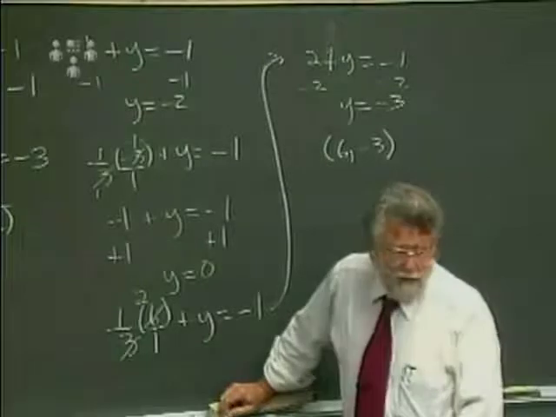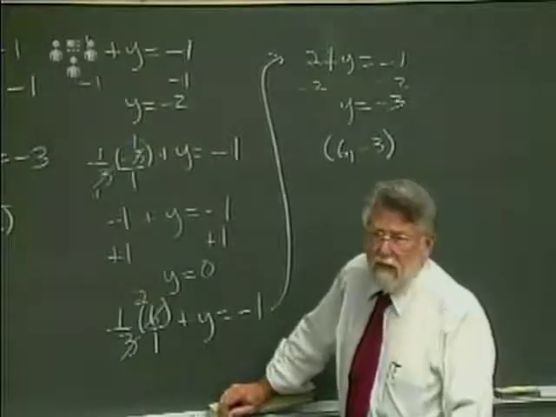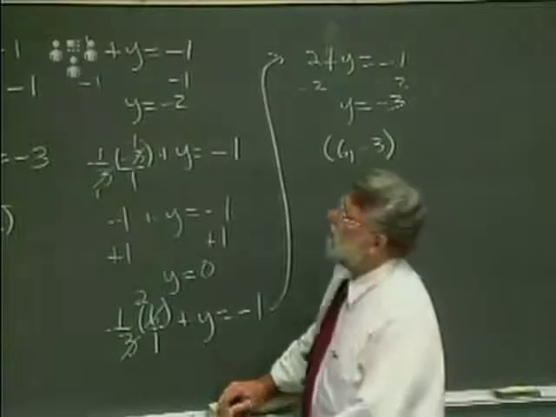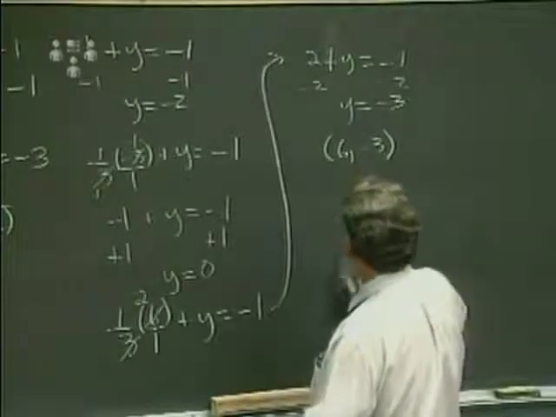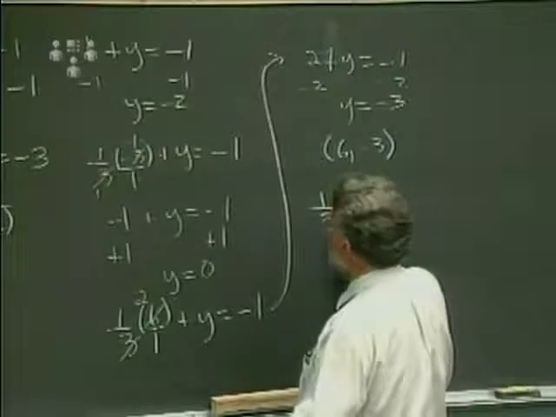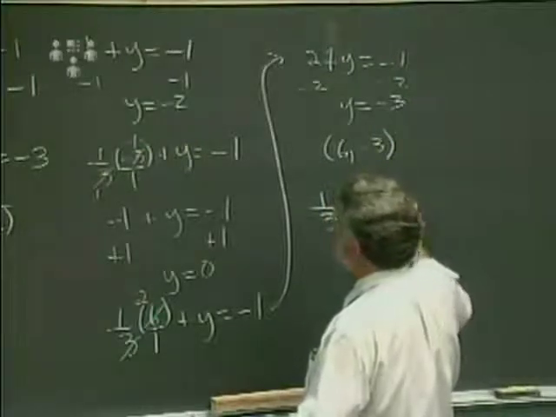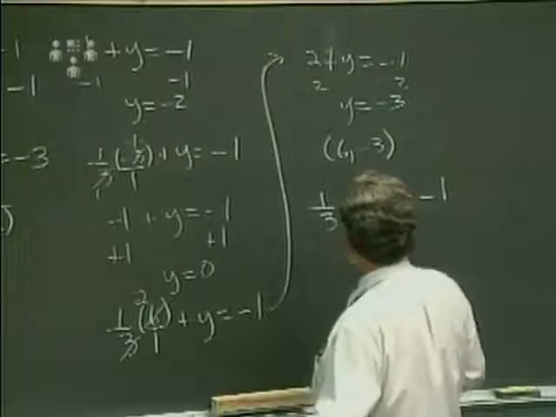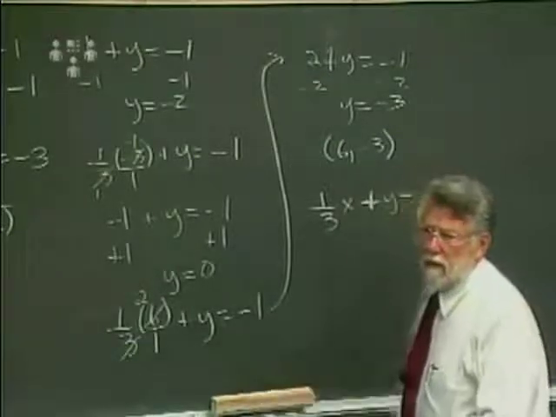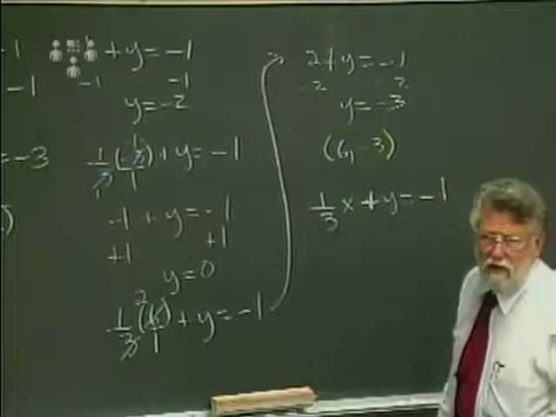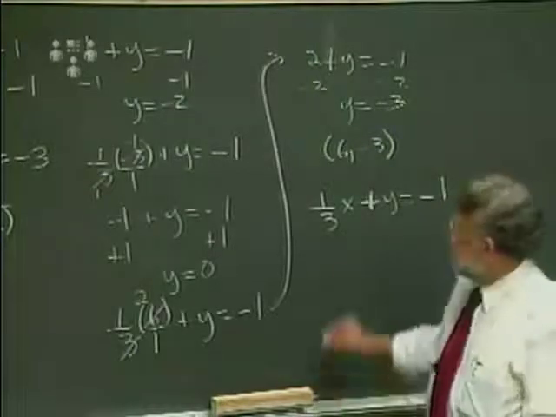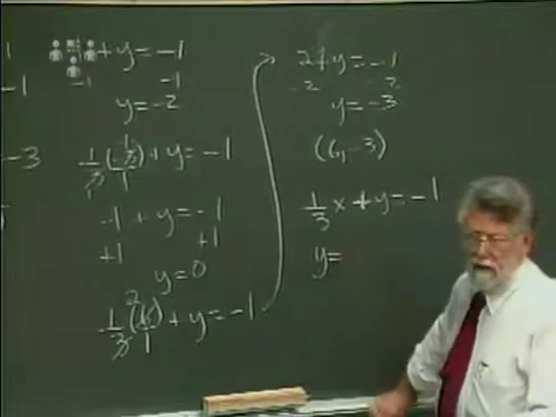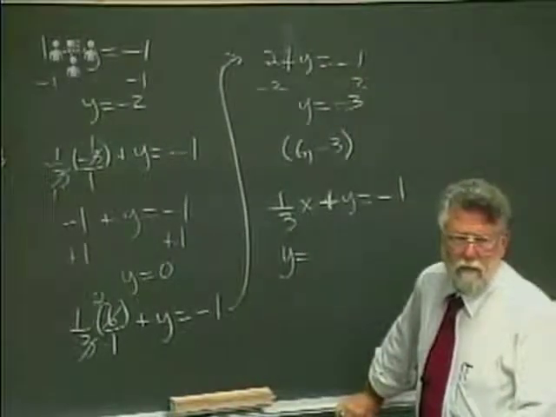Now, it is clear this is not a technique that you're going to do well in right now. So let me start with the equation again. My equation was 1/3 x plus y equaled negative 1. So I don't want to leave it in that form. I'm going to write it in slope-intercept form. Get y by itself. What will it read?